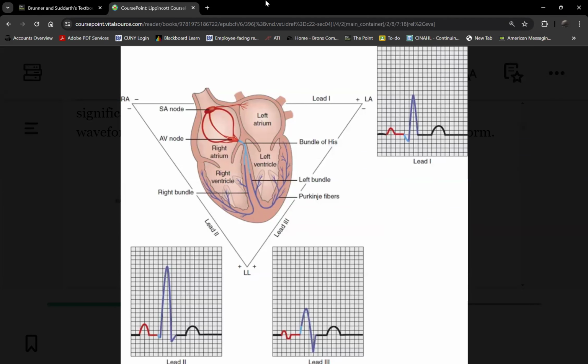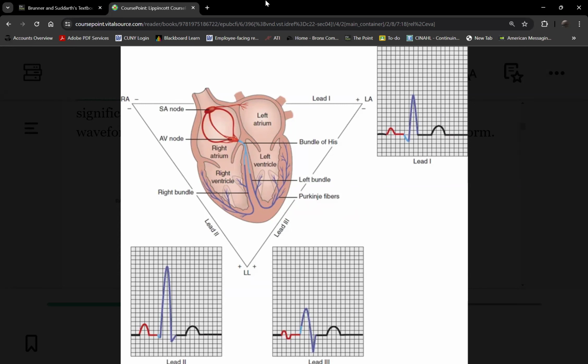So if the SA node fires, you see these branches right here, going to the right and left atrium. Those are called sinoatrial interatrial branches, meaning when the SA node fires, it reaches the left atrium instantaneously, and then both atria will contract at the same time, no delay.